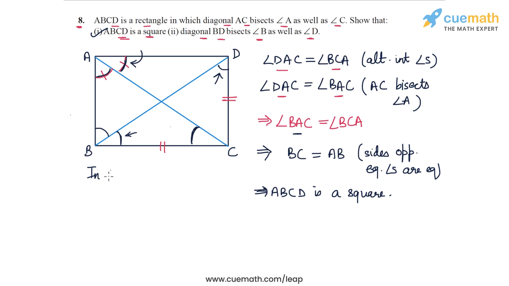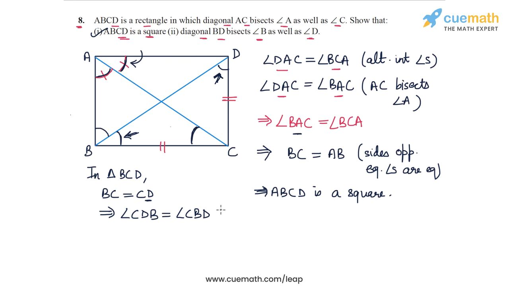So we can say that in triangle BCD, BC and CD are equal because ABCD is a square, and this means that the angles opposite these sides are also equal. So the angle opposite side BC is this angle CDB. So angle CDB is equal to the angle opposite side CD, which is angle CBD.